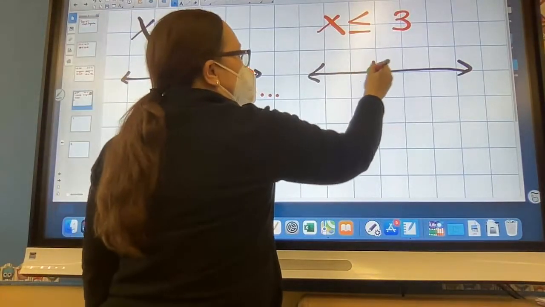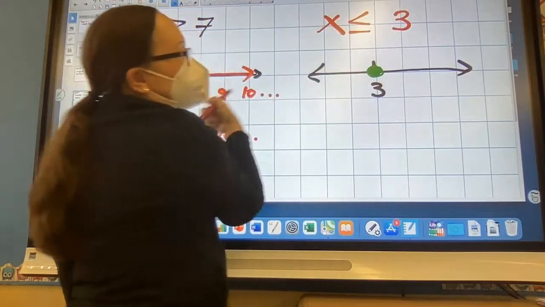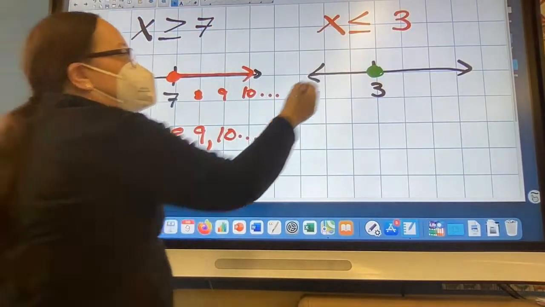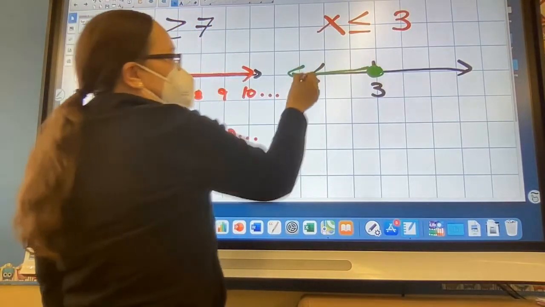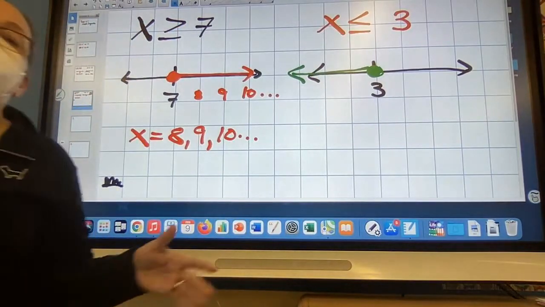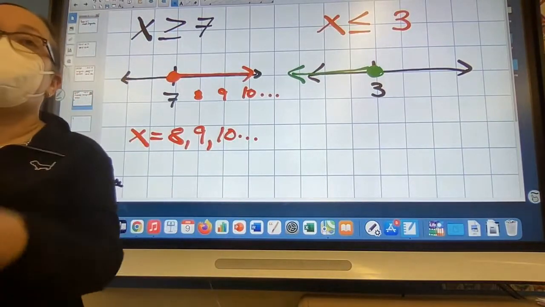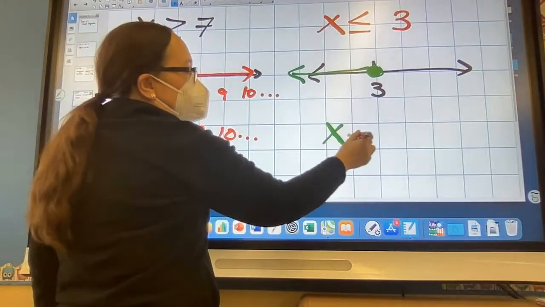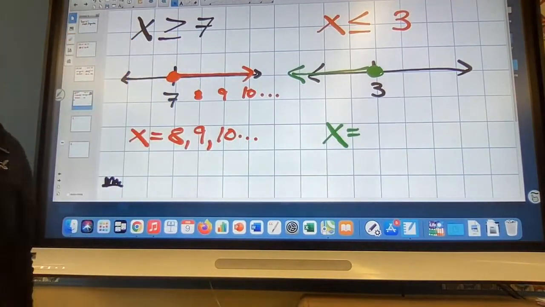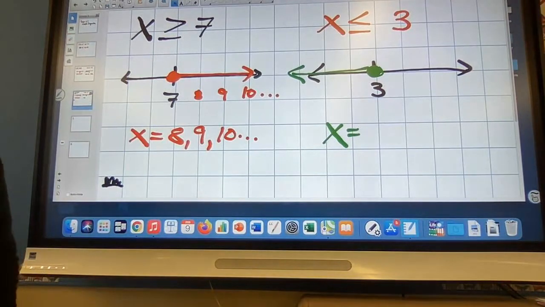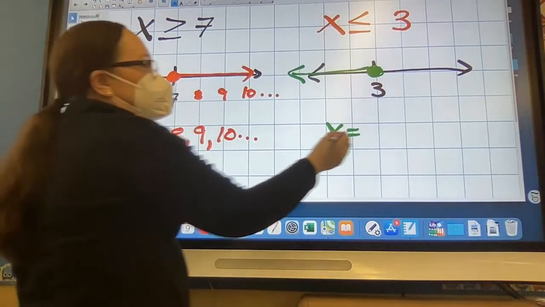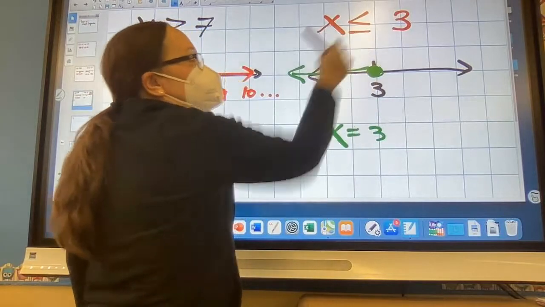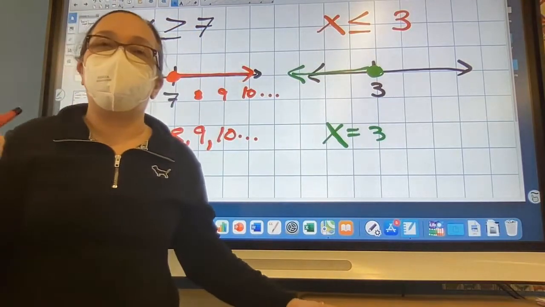Okay, so you know the reason why, right? And then since the arrow goes that way, it says less than. So we're just going to follow the arrow. And I'm usually going to be asking you, give me the first 3 possible solutions. So in this case, the first possible answer is 3. Why is 3 the first possible answer?